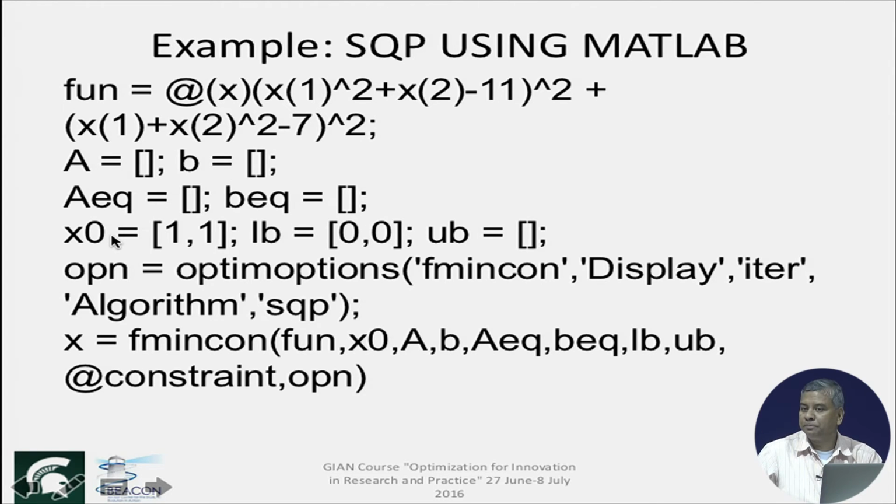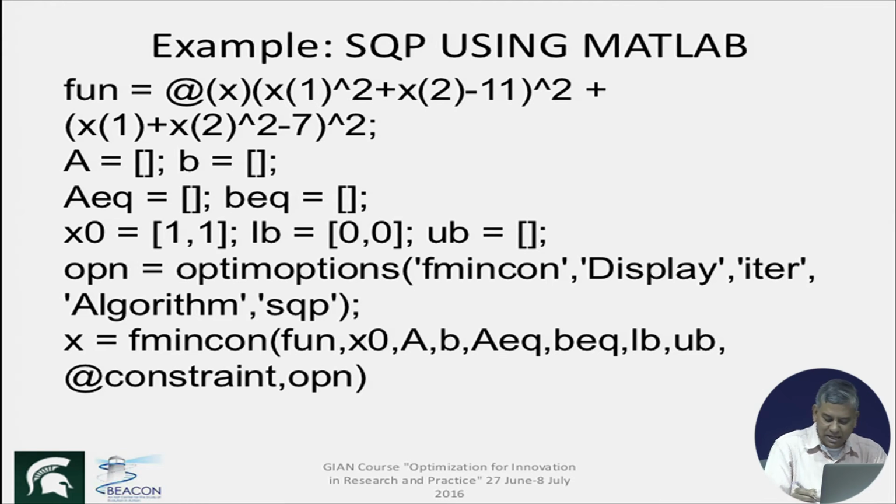I am giving an initial starting point x0 as 1 comma 1. I'm starting from there, and I'm specifying the lower bound as 0 0. For the upper bound I didn't give anything. So the problem that I'm really trying to solve here is: minimize over both x1 and x2 the function (x1 squared plus x2 minus 11) squared, the contour problem that I was showing you yesterday, same function here, subject to both x1 and x2 greater than or equal to 0.